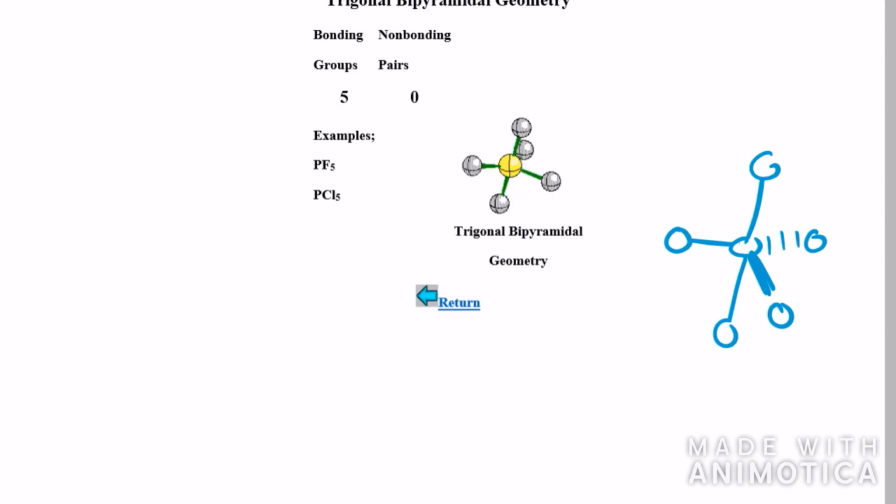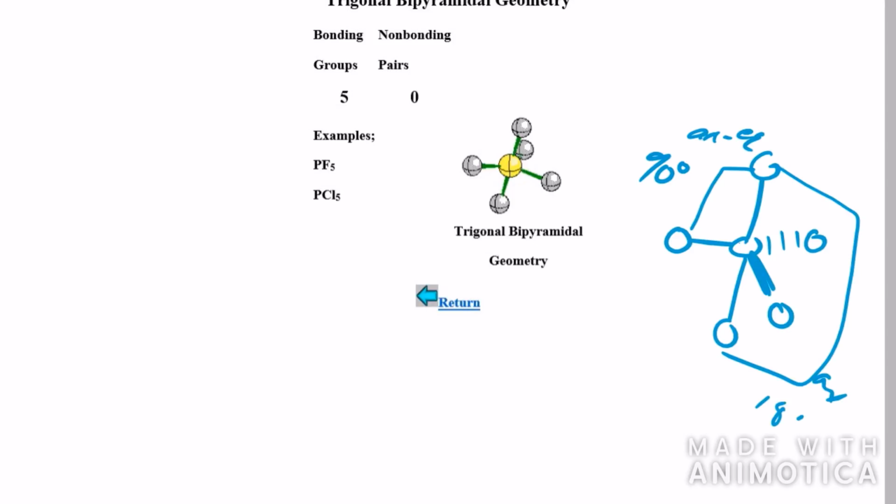Okay, so from an axial to an equatorial, my bond angle is 90 degrees. From axial to axial, what do you think my bond angle is? 180. Yep, 180.